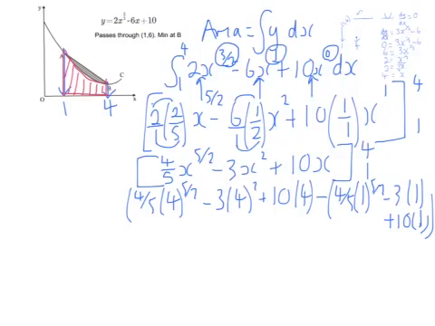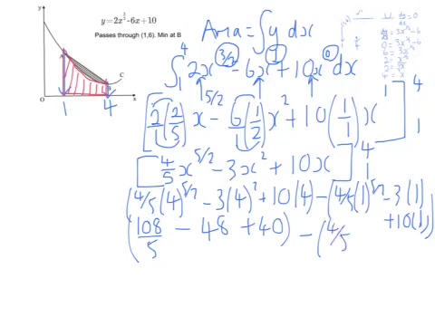And then times that by 4/5, that gives me 108 over 5. 4 squared times 3 gives me minus 48, plus 4 times 10 is 40, so that's the first bracket. And then the second bracket is really rather nice, so it's 4/5 minus 3 plus 10.